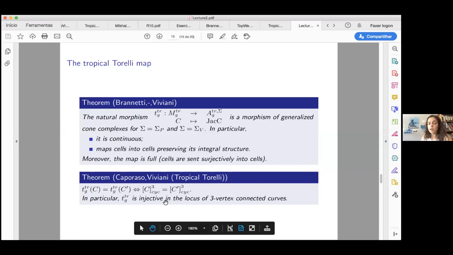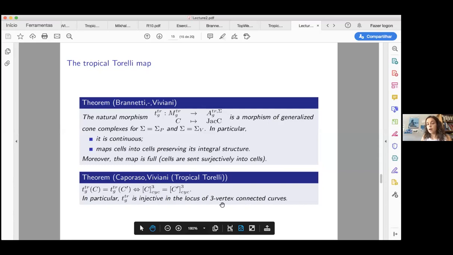In particular, if you are in the locus of three-vertex connected curves, then this does nothing, meaning that the tropical Torelli morphism is injective in this locus.